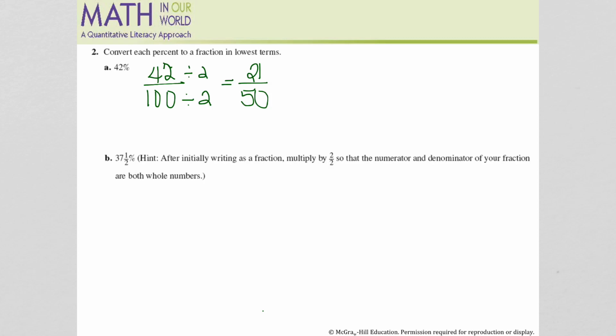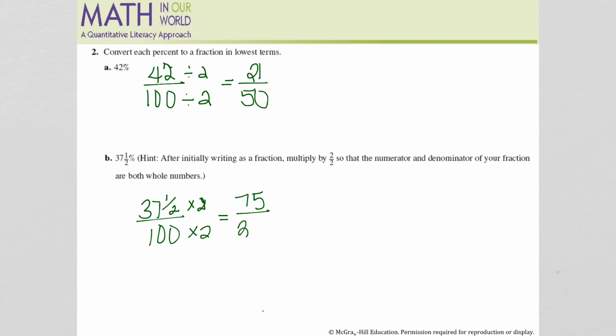For B, 37.5%. Well, first of all, we can't have fractions in a fraction. That's just not nice. So, first thing we're going to do is get rid of our fraction there, that 1/2. And to get rid of a 1/2, we can just multiply by 2. So we're going to multiply both the top and the bottom by 2. 37.5 times 2 is 75.